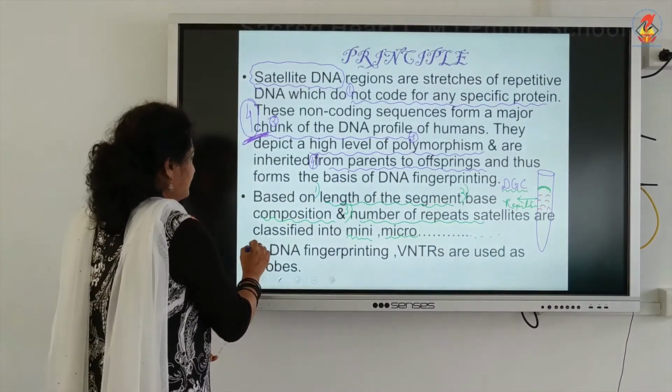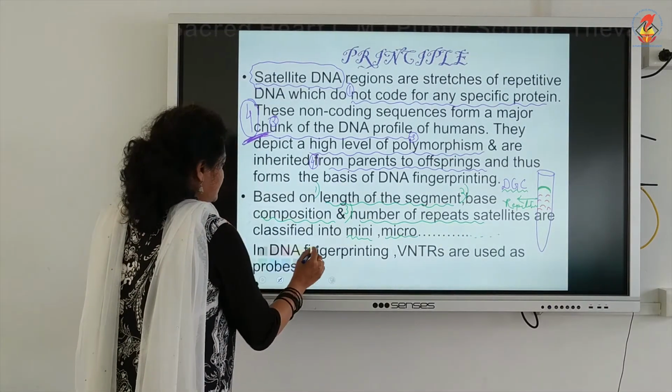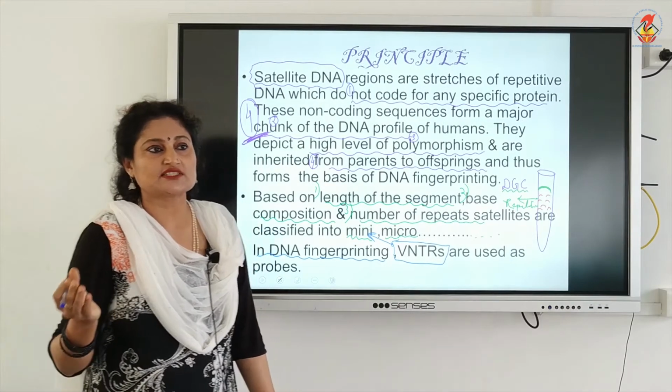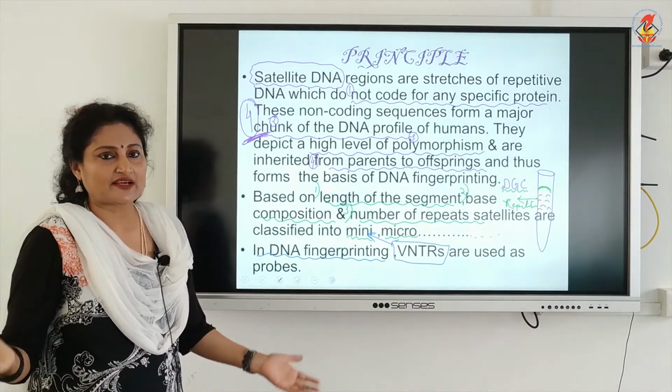And in DNA fingerprinting, which satellite was used as a probe? It was the VNTR. VNTR was a mini satellite. I told you it's classified into mini satellite, micro satellite, macro satellite.